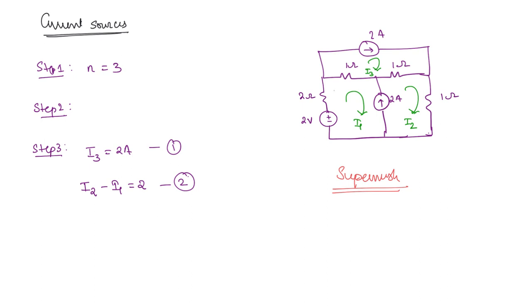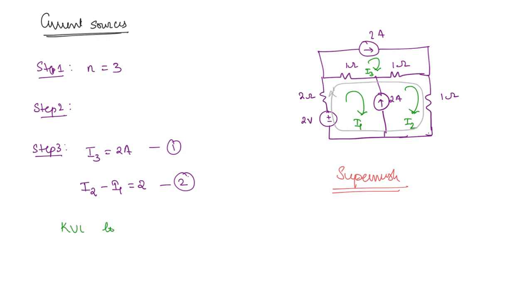This is going to be the super mesh, so that both the meshes with which this current source is associated are included in it. Now you're going to apply KVL for this entire super mesh. We will see how that goes.